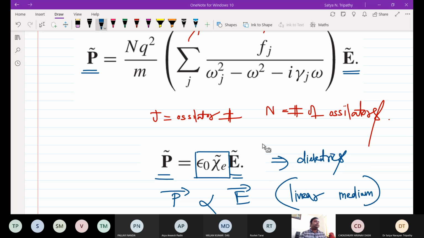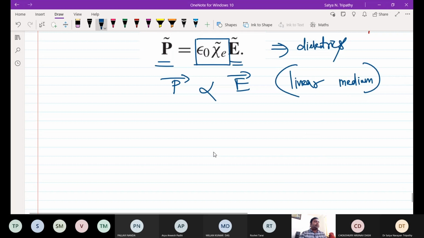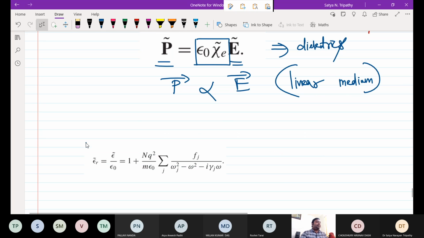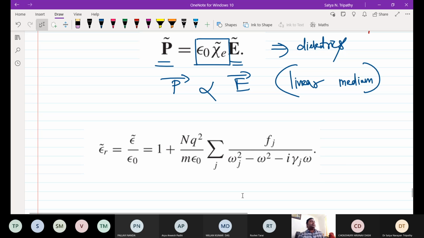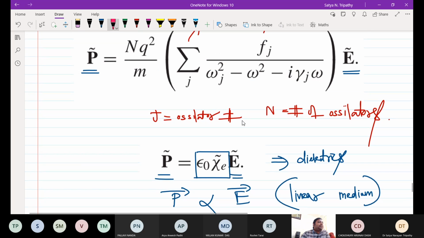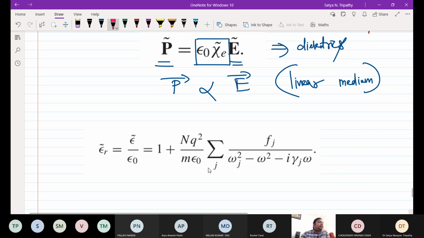Is it clear? Yes, sir. And we can write this epsilon constant. So the dielectric constant we can write from the above equation. So this is basically the dielectric constant because P is equal to epsilon 0 E. So it will come like this because susceptibility is related to the dielectric constant.